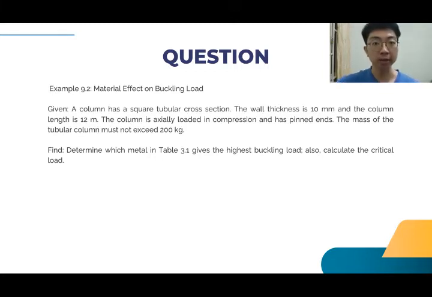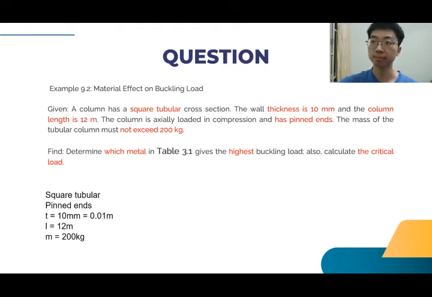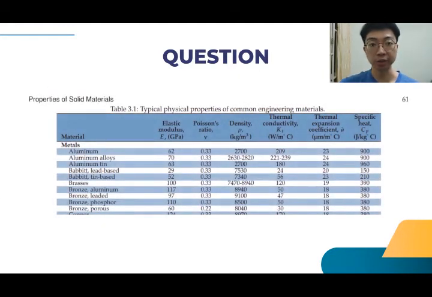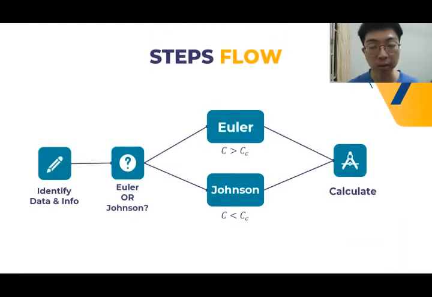Now let's collect the data from the question. And this is Table 3.1 as mentioned in the question. And this is the step flow that I have learned in this chapter. First, we need to identify the data and info, and then decide whether to use the Euler or Johnson equation to solve this question.